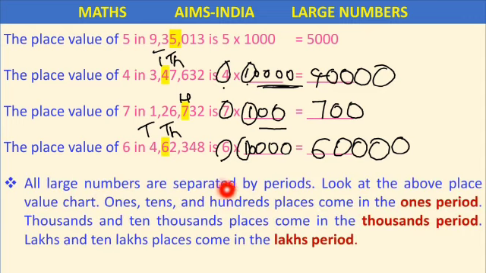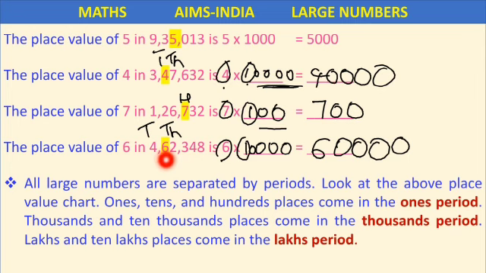All large numbers are separated by periods. You remember this, right? We put commas in the numbers depending on their periods. The numbers after this comma belong to which period, children? They belong to the ones period. Now these two numbers, 6 and 2, belong to which period?